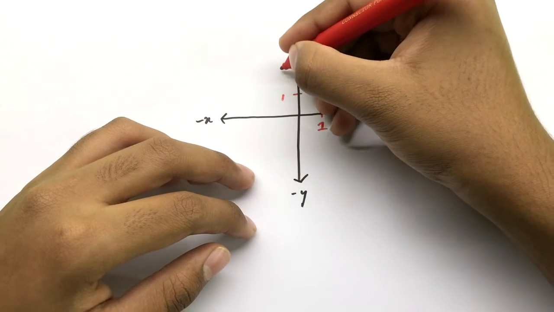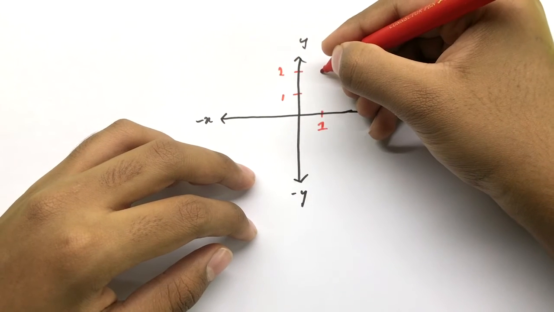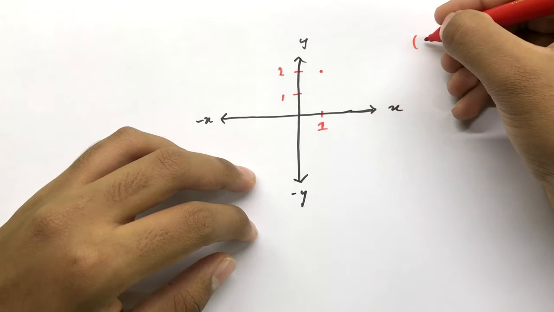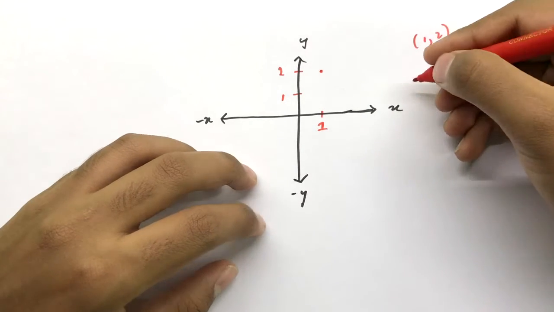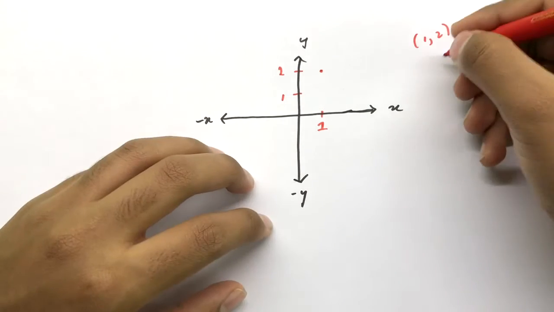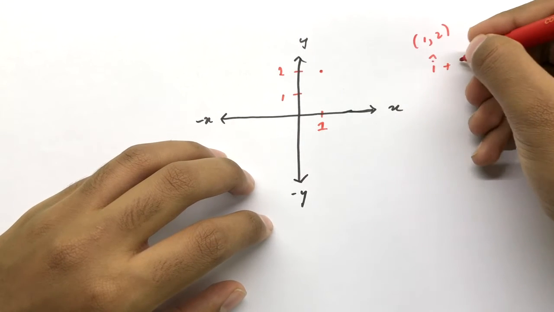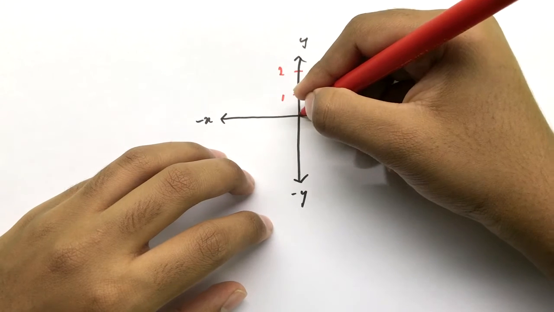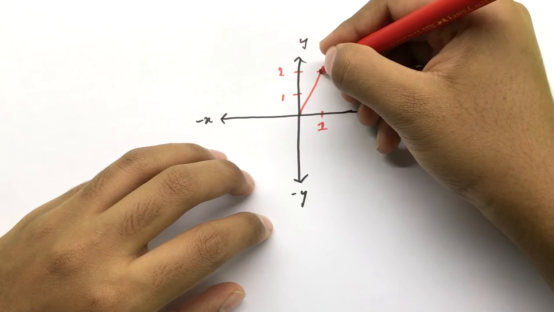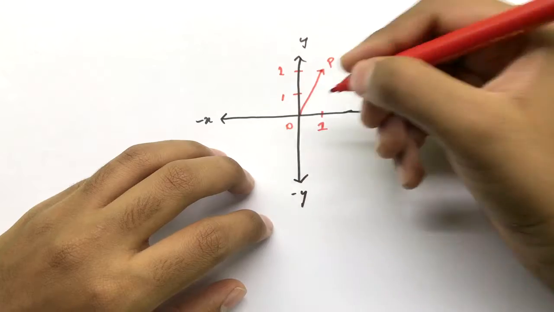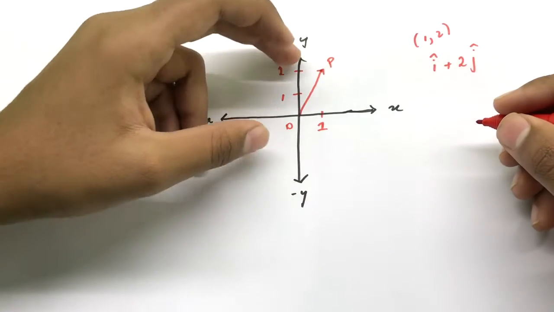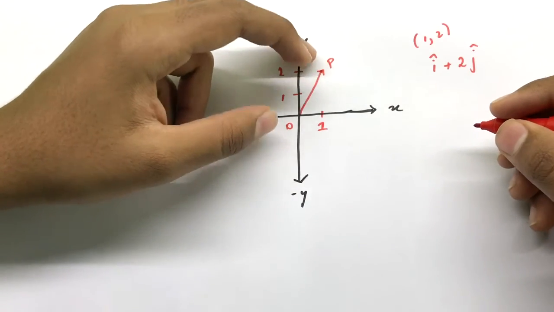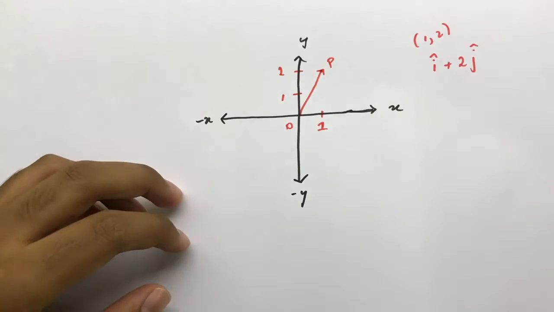So this is 1, this is 2, and this point over here is represented by (1, 2), or since we know the notation of vectors, we can call it i cap plus 2 j cap. Now I'm going to connect this and the origin. If this were point P and the origin were point O, we're going to try and calculate the magnitude of line OP, or the length of the vector OP.